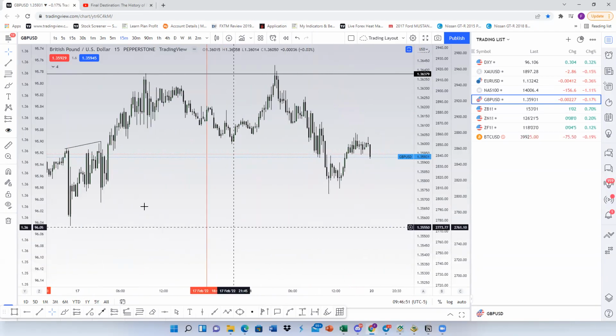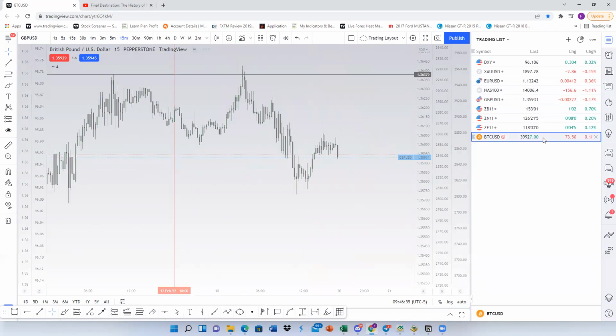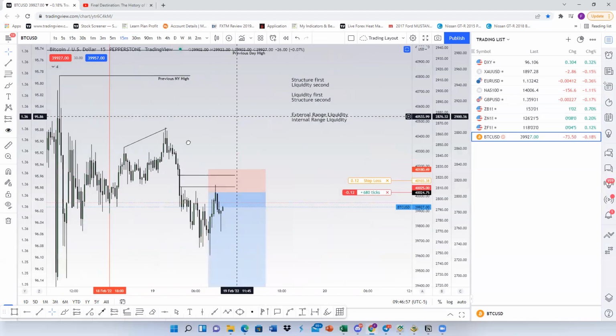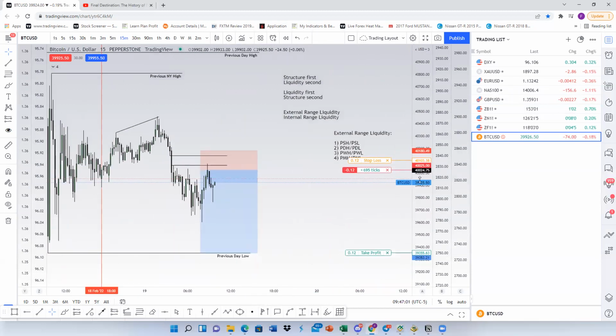So that is how we use this, right? So that's the context. The context is thinking about liquidity, thinking about where price is with regard to liquidity, checking to see whether, okay, am I supposed to look at structure now or am I supposed to look at liquidity now? If price takes out a liquidity pool, external range liquidity pool in terms of, let's say, previous day's high, then what does that mean? It means liquidity first, structure second.